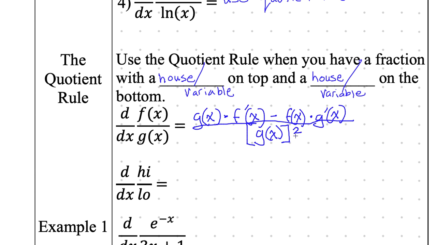If I just call the upper, the numerator, high, and the denominator, low. Do you guys remember it from your speed sheet? Andrea? There it is. All over high d low, all over low low, or low squared.